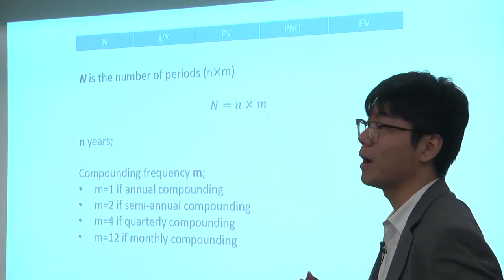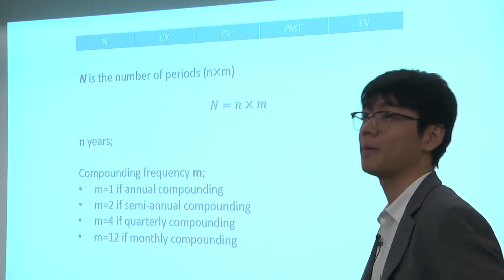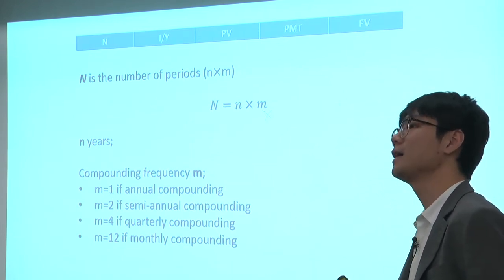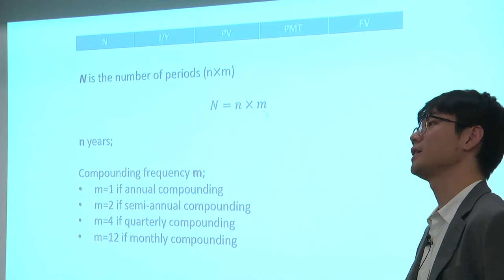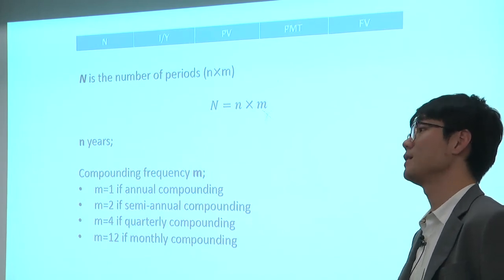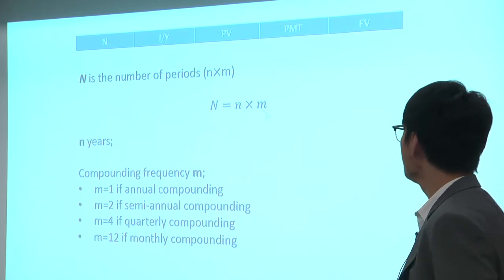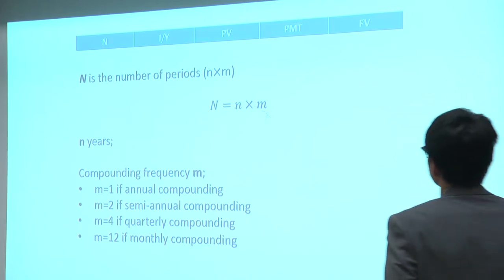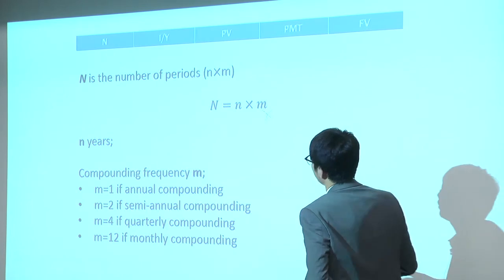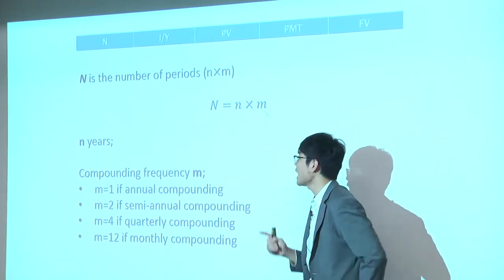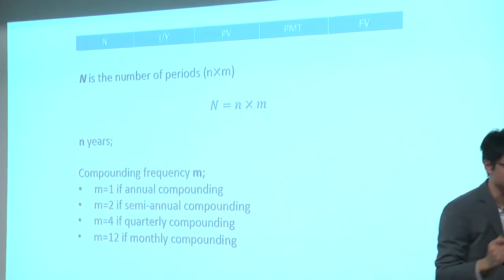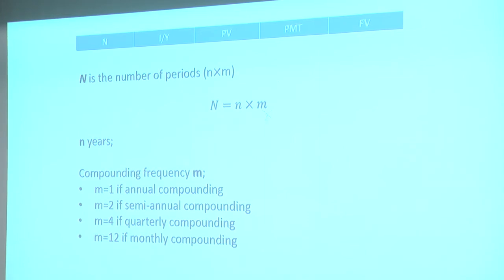If it's yearly compounded, 30 years is 30 periods. But if it's monthly, then 30 years is what? 360 periods, right? It's 12 months a year. So the number of periods is N times M. N is how many years, and M is how many times each year.